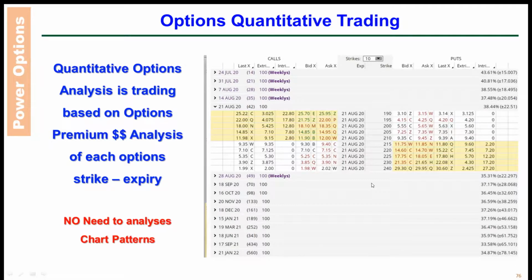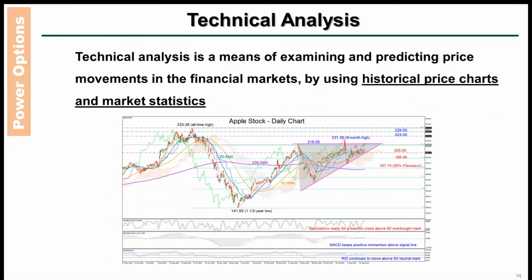Because buyers and sellers have a price, we can base on the buying and selling prices to predict the buyers' and sellers' sentiment for that stock itself. This is more reliable than technical analysis, because technical analysis is based on what? Historical price.